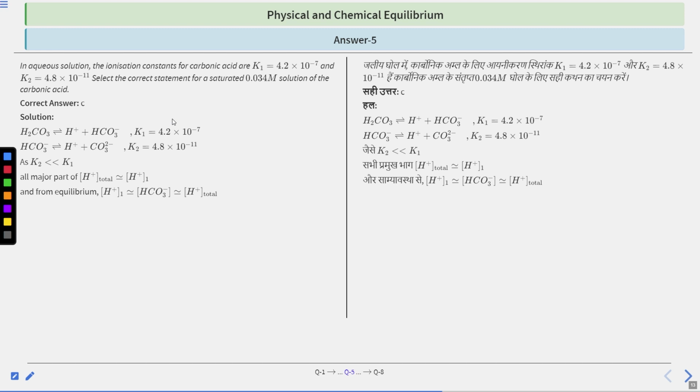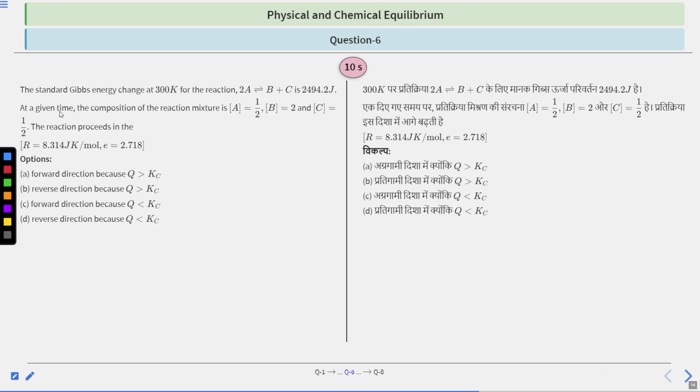Okay, let's move to question number 6. The standard Gibbs energy change at 300 Kelvin for the reaction 2A giving B plus C is 2494.2 joule. At a given time, the composition of the reaction mixture is A equals half, B equals 2, and C equals half. So they are the concentrations of A, B, and C respectively.